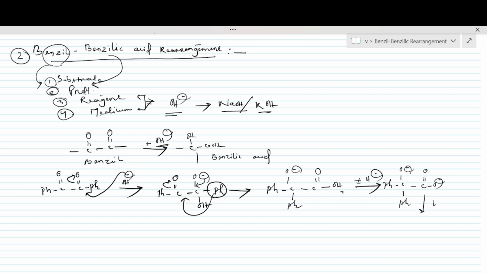After that, work up. Work up means addition of an H plus source. Okay, so what is the product? There will be the migrated hydrogen, then Ph, then COOH. So this is benzilic acid.